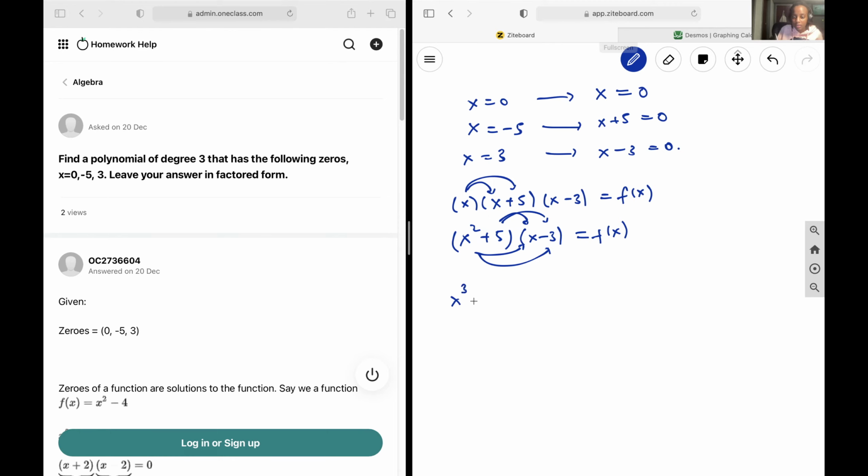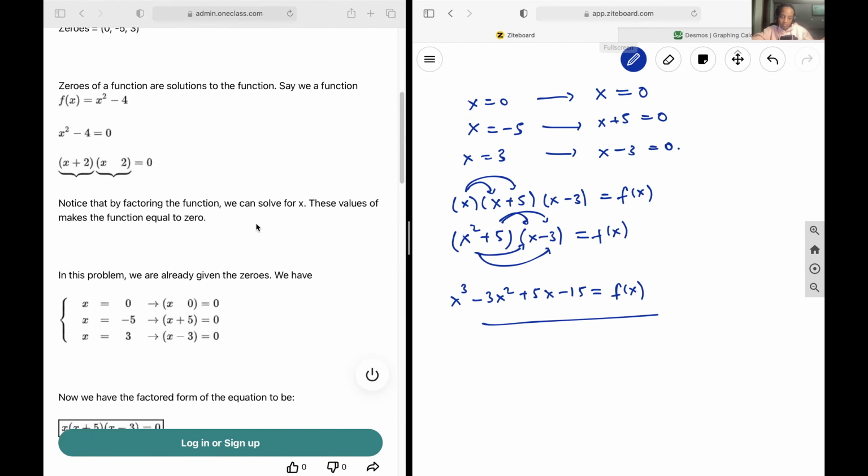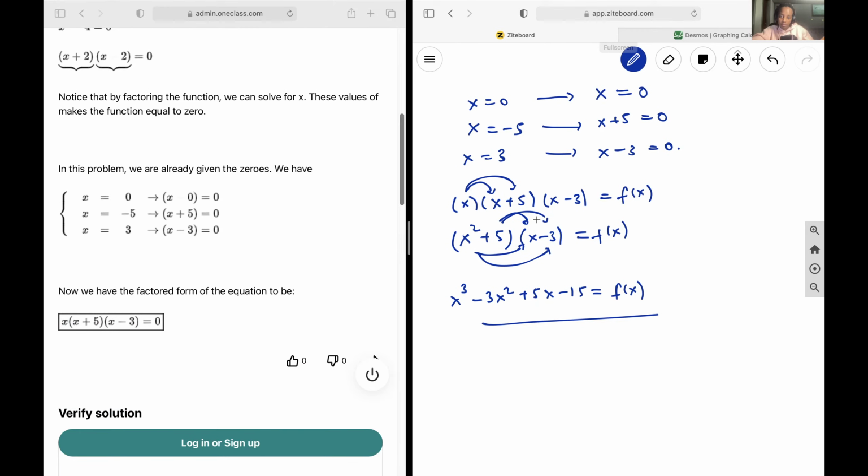That is x cubed minus 3x squared plus 5x minus 15 is equal to 0. Sorry, is equal to f of x. And this is going to be our final answer. You can leave it in factored form as this, or if you'd like to prove that it is of degree 3, you can expand it out like that.